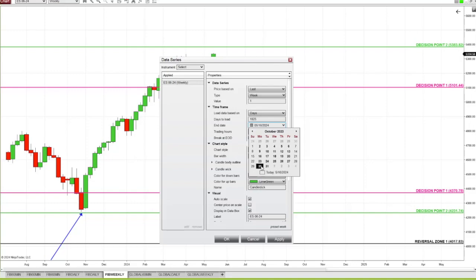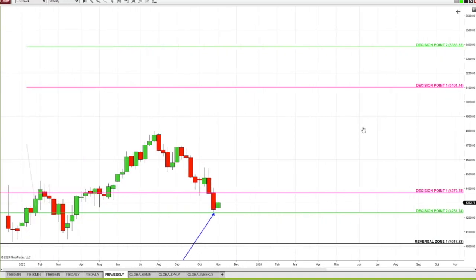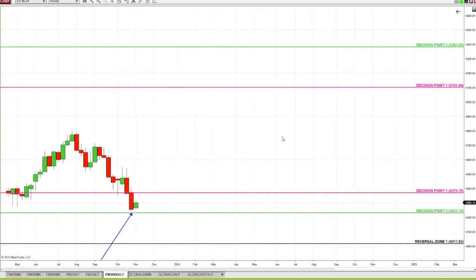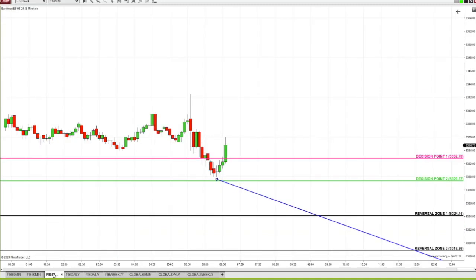October 30th, billions of dollars start buying the US market. This is the critical key 4200 level on the institutional chart, where billions of dollars have orders preset. This is the identical level in play this morning on the retail chart, on every single time frame.